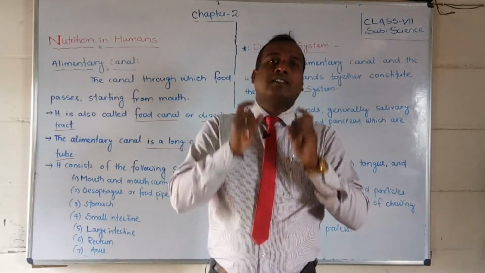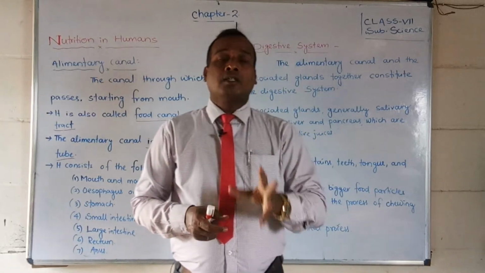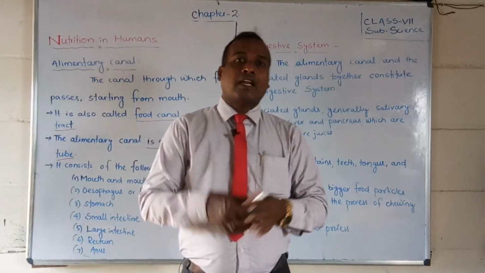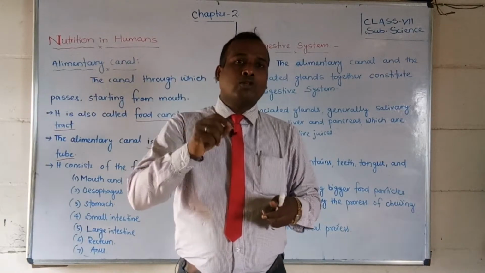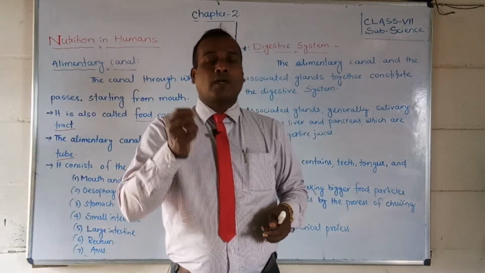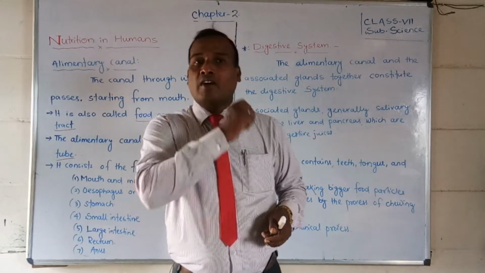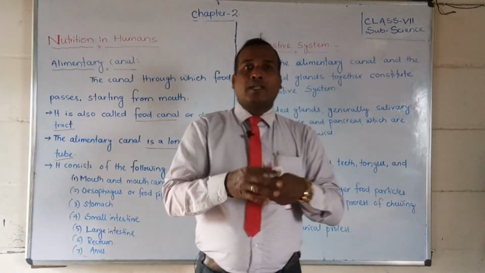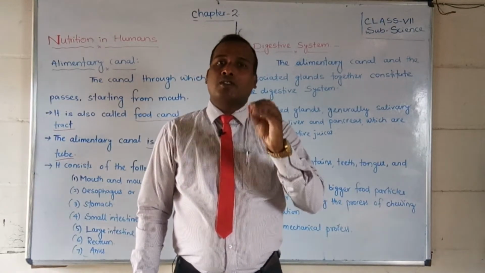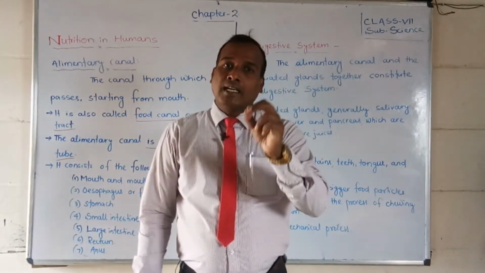There are salivary glands on 2 sides, present in the mouth. It secretes what, students? Do you know? Saliva. Whenever it mixes with the food, it is very essential for breaking it down and for digestion.